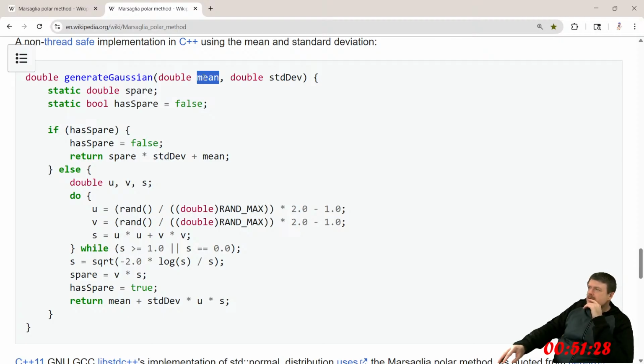Okay, so these are parameters that we could set. Mean and standard deviation, times U times S. So what is that going to make? So what is that what we're doing with?